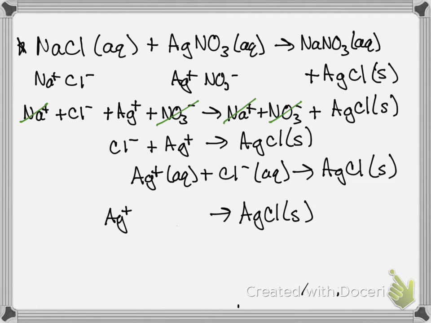I would need silver ions in aqueous solution, and I would need chloride ions in aqueous solution in order to make silver chloride. The fact that there's sodium ions in there and nitrate ions in there is a true fact, but they don't appear in the reaction.